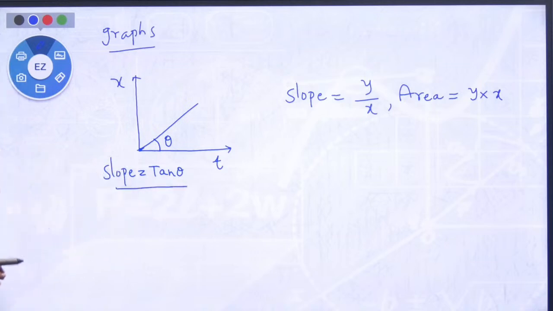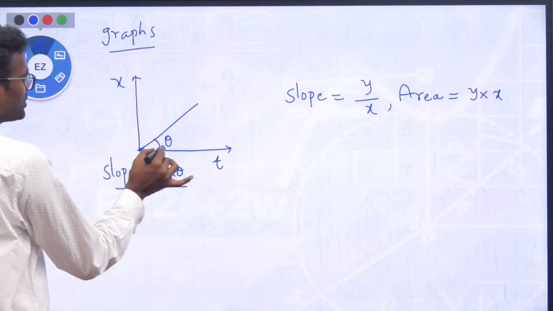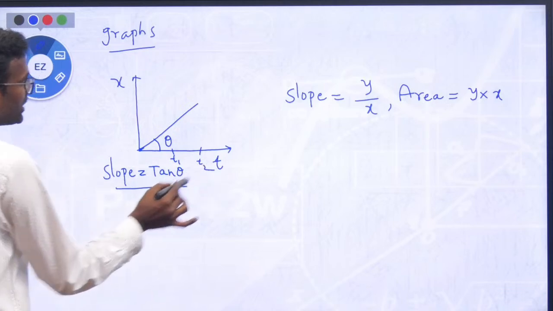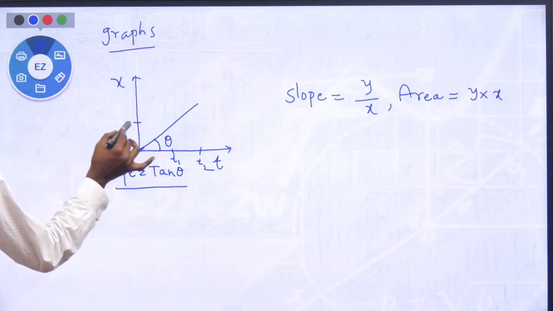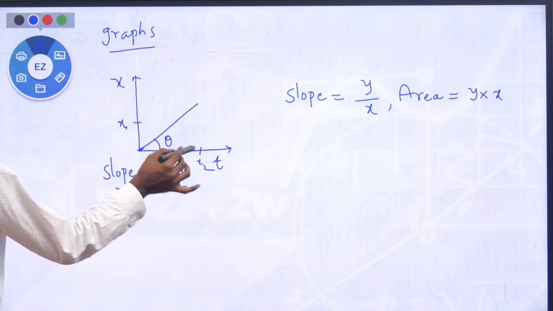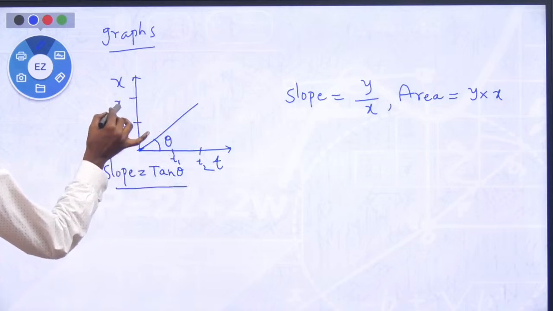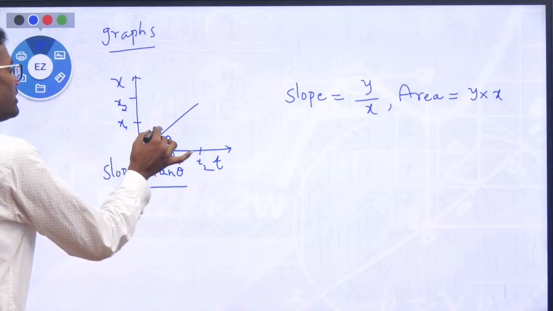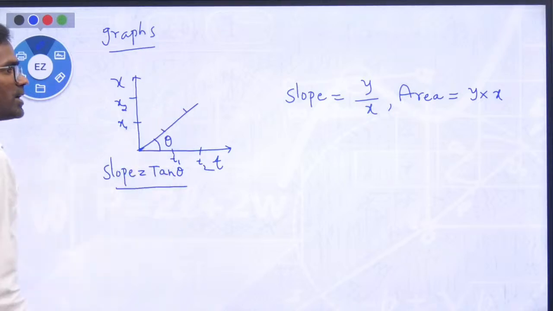If the coordinates are given, x coordinates and y coordinates, suppose let me write here. This is t1 second, this is t2 seconds. At the time t1, the position of the particle is x1. At the time t2, the position of the particle is x2. Clear? So we need to select 2 points on this line.